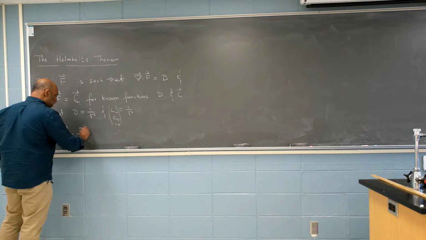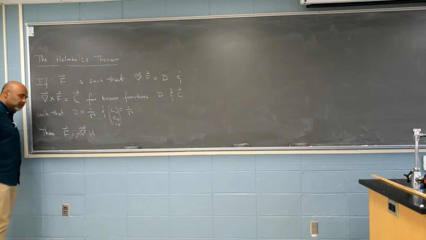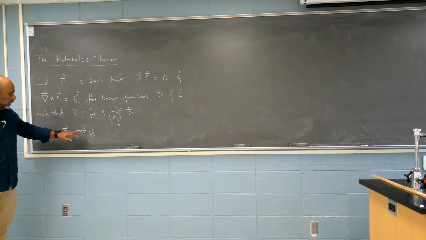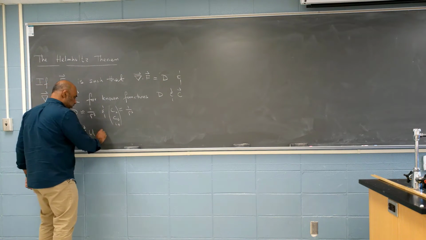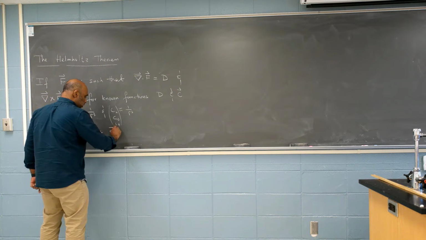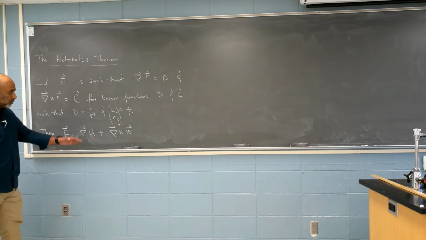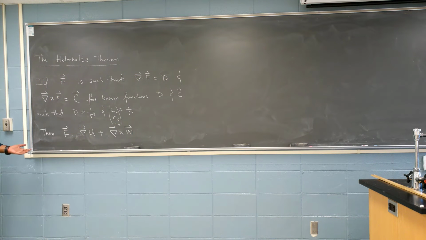F is given by negative gradient. The negative is not necessary. In physics, it comes in handy. But it comes in this form. It's negative the gradient of a scalar function U plus the curl of a vector field W. Well, that's great. What are U and W? It's not very helpful if we don't tell you what they are. Well, there's an explicit formula.